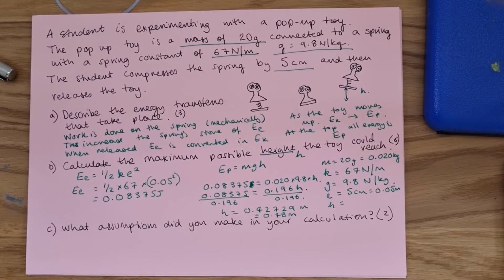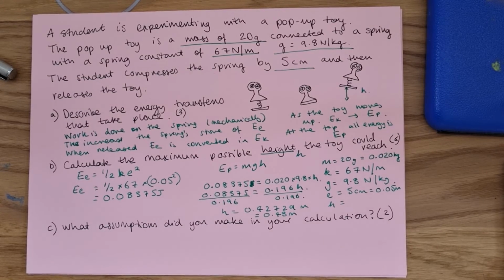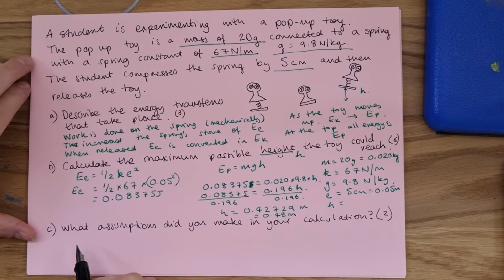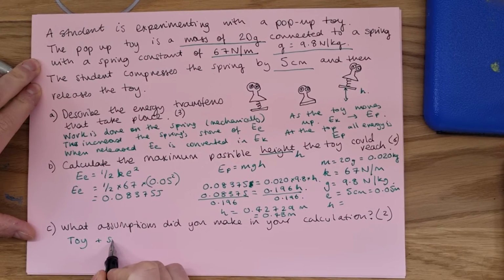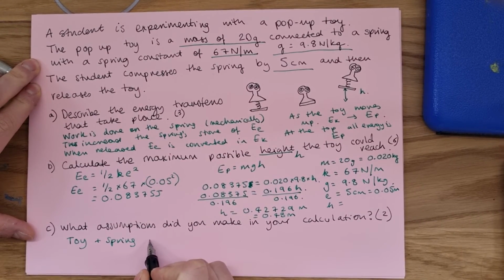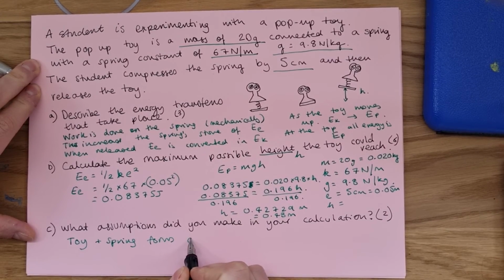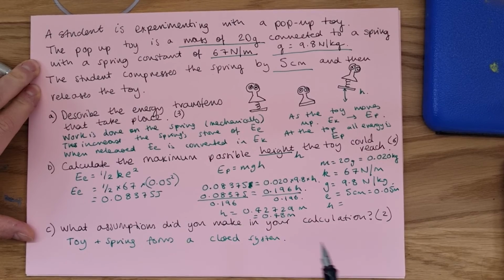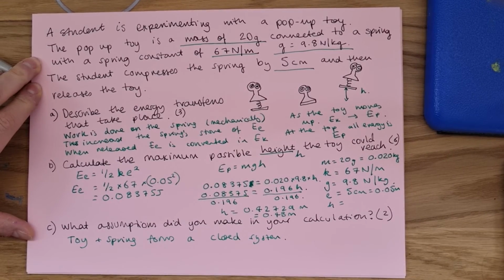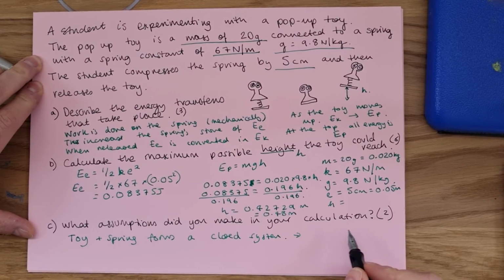What assumptions did I make in my calculation? Well, potentially loads. The biggest assumption I guess I made is that the toy and the spring form a closed system. So once it's been compressed, it's a closed system. There's no net energy transfers.